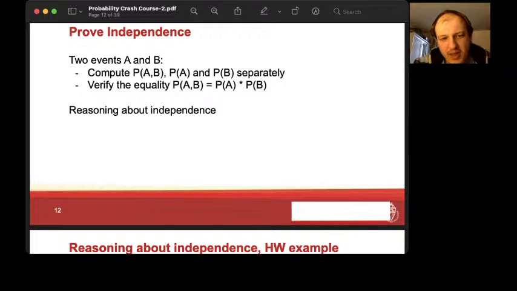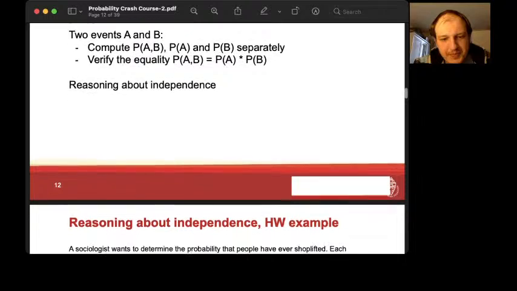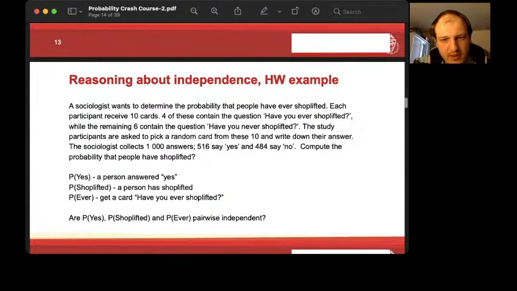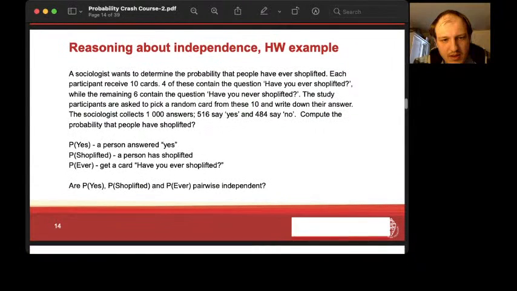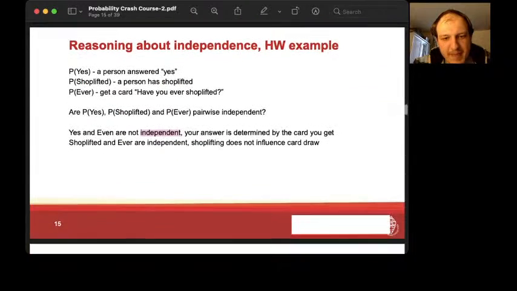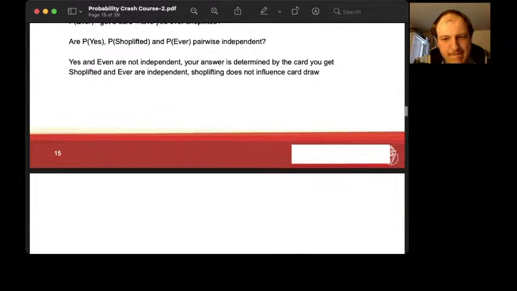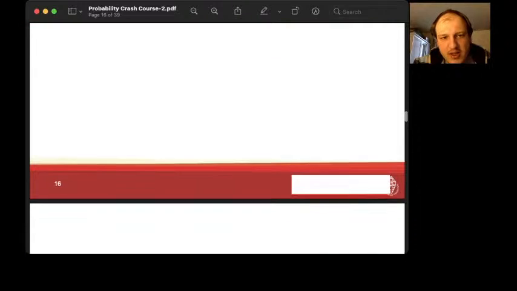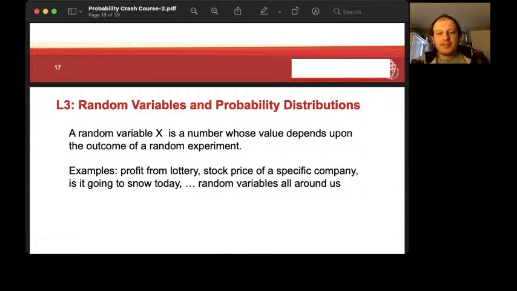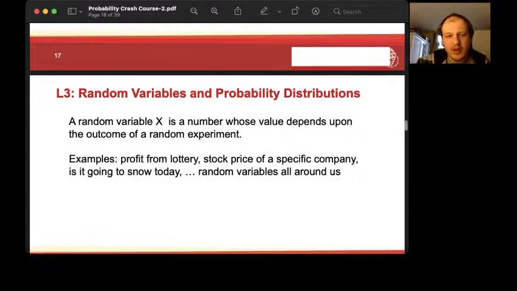So P(A, B, C) should be equal to P(A) times P(B) times P(C). You can also expect something like this on the exam, something that requires you to reason about independence and compute something with it.